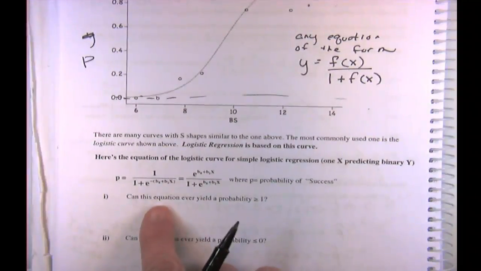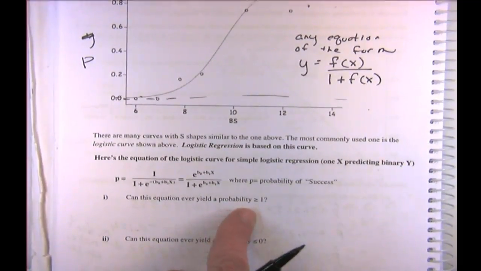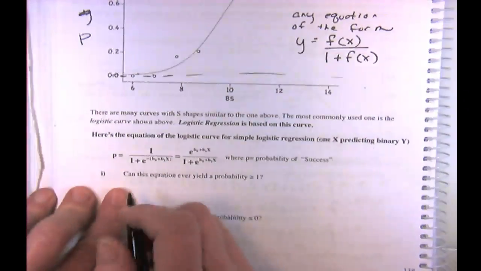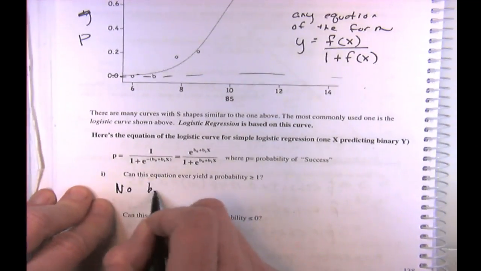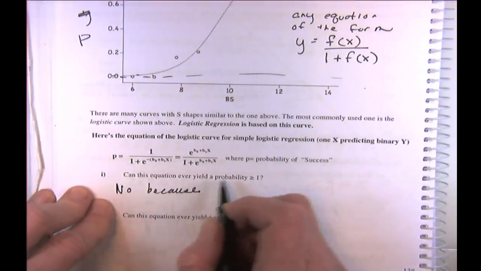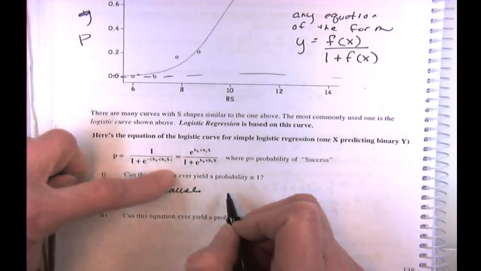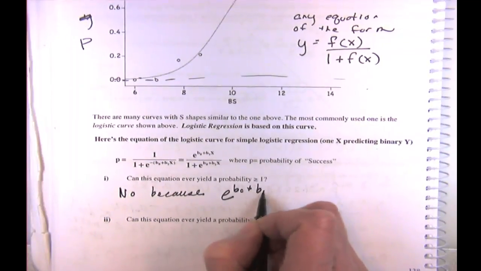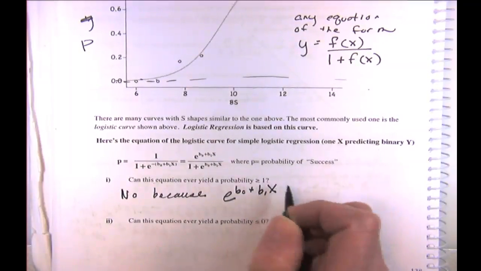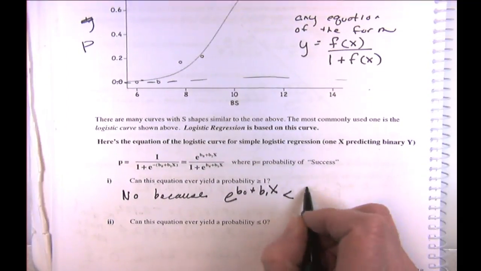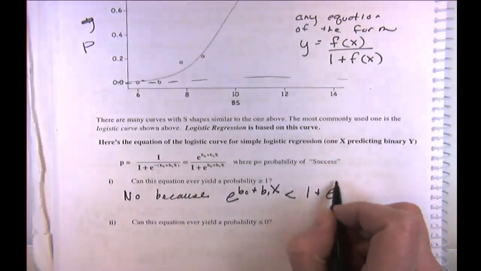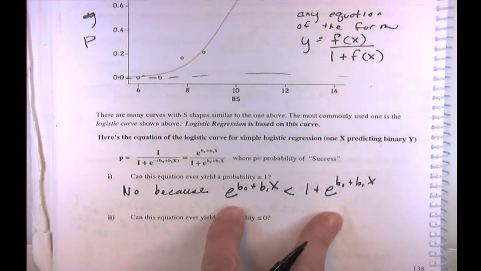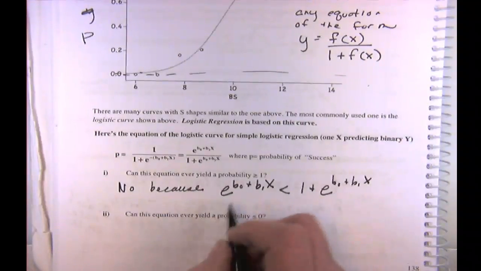Let's just make sure. Can this equation ever yield a probability greater than or equal to 1? No, it can't, and you can look at this one. Of course it can't. Why? The numerator has to be smaller than the denominator. E to the beta naught plus beta 1 x is always going to be smaller than 1 plus e to the beta naught plus beta 1 x, right? This is your numerator.